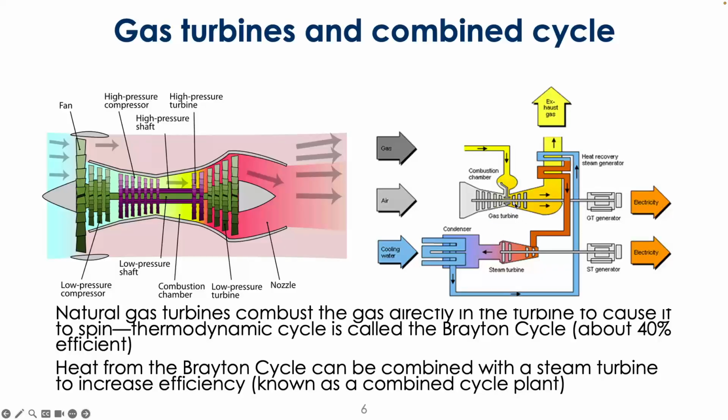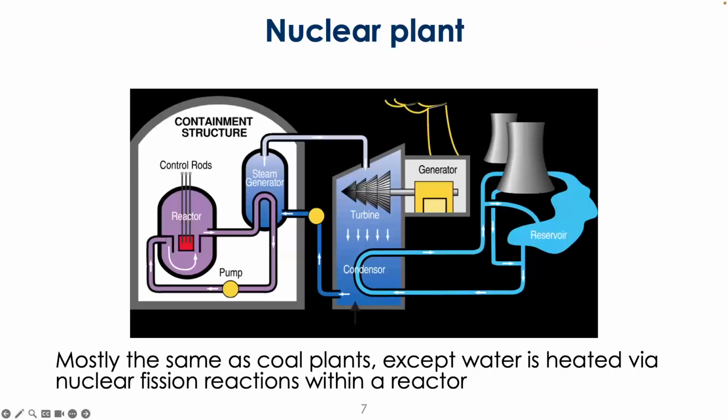So you have two separate turbines doing different processes. Combined, this is known as a combined cycle plant, and you have much higher efficiencies, right? Here we're talking on the order of 60% efficient, rather than 35 to 40% efficient. But at the end of the day, it's all about spinning this turbine to produce electricity from a generator.